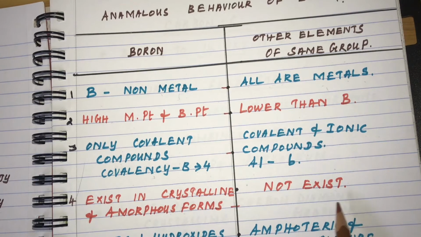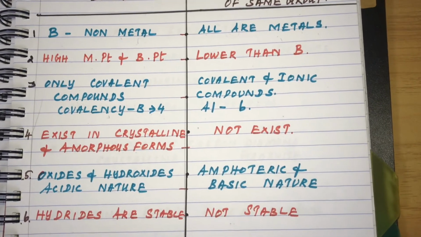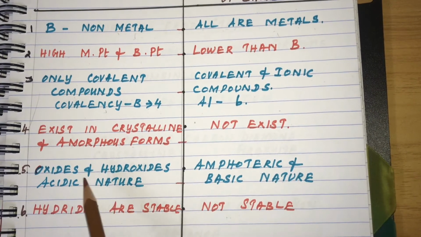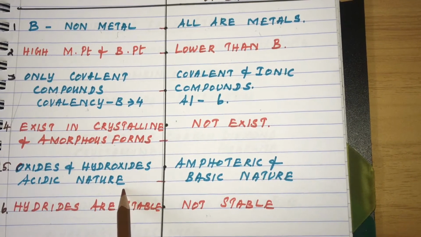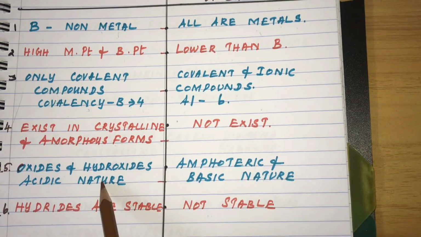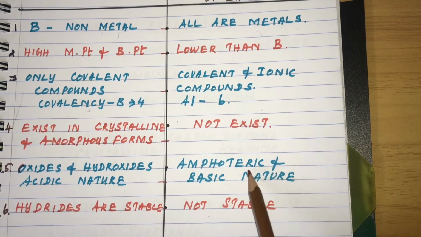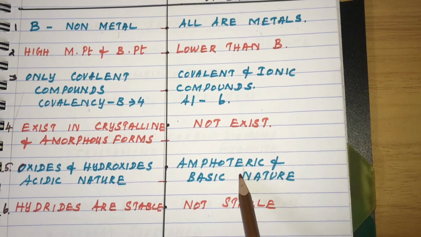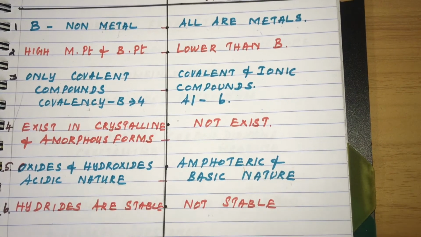The other elements do not exist in amorphous form. Boron oxides and hydroxides are acidic in nature, which means when we dissolve them in water, they give an acidic solution. But the oxides and hydroxides of the other elements are amphoteric and basic in nature. Amphoteric means they can act as both acid and base. When dissolved in water, they give amphoteric and basic solutions, whereas boron gives an acidic solution.